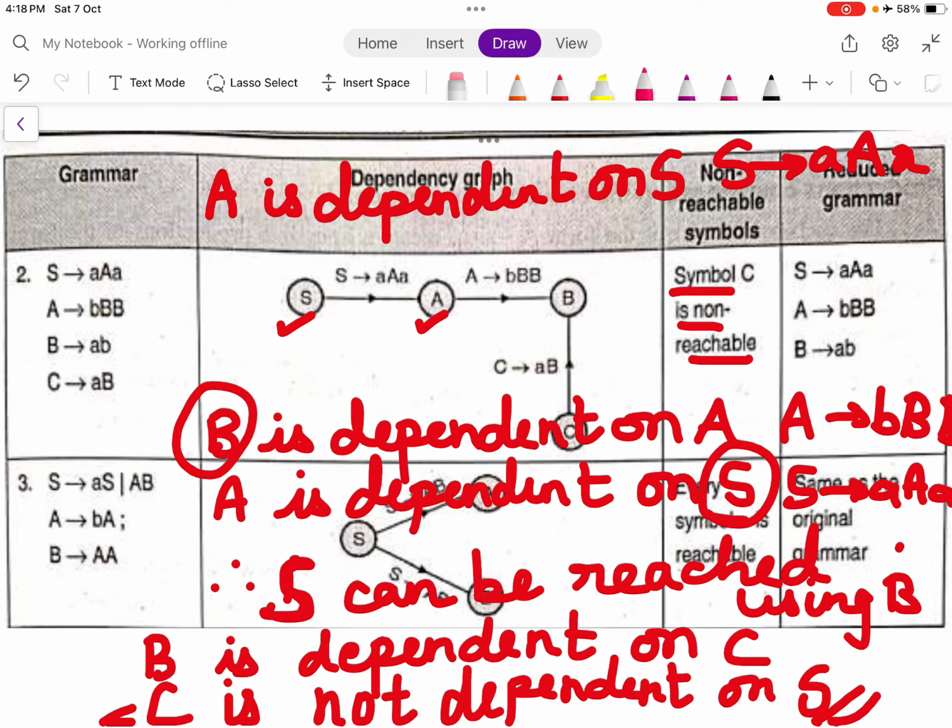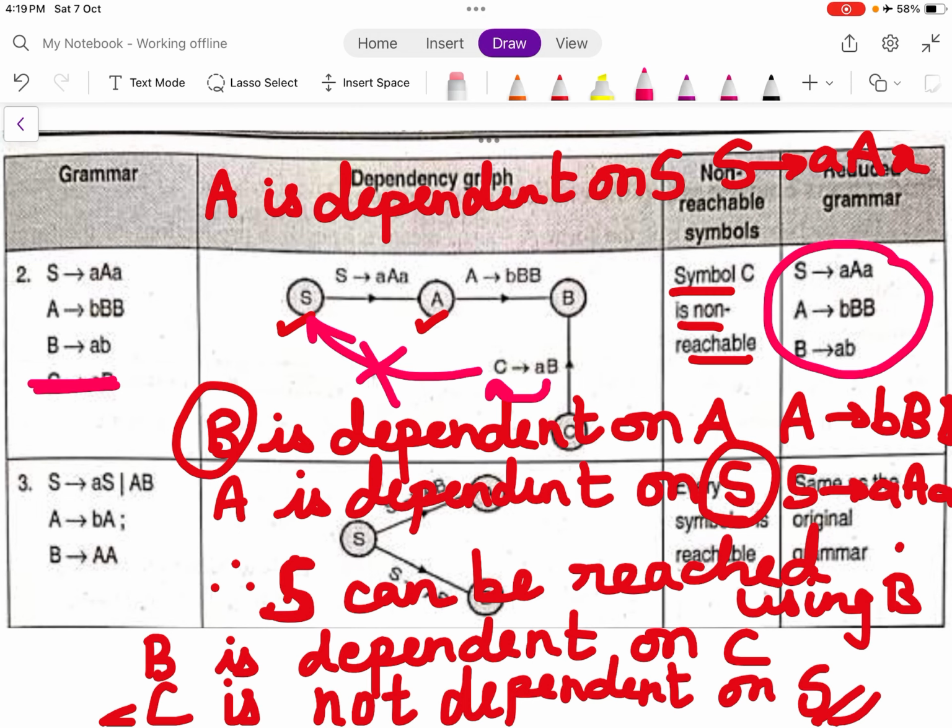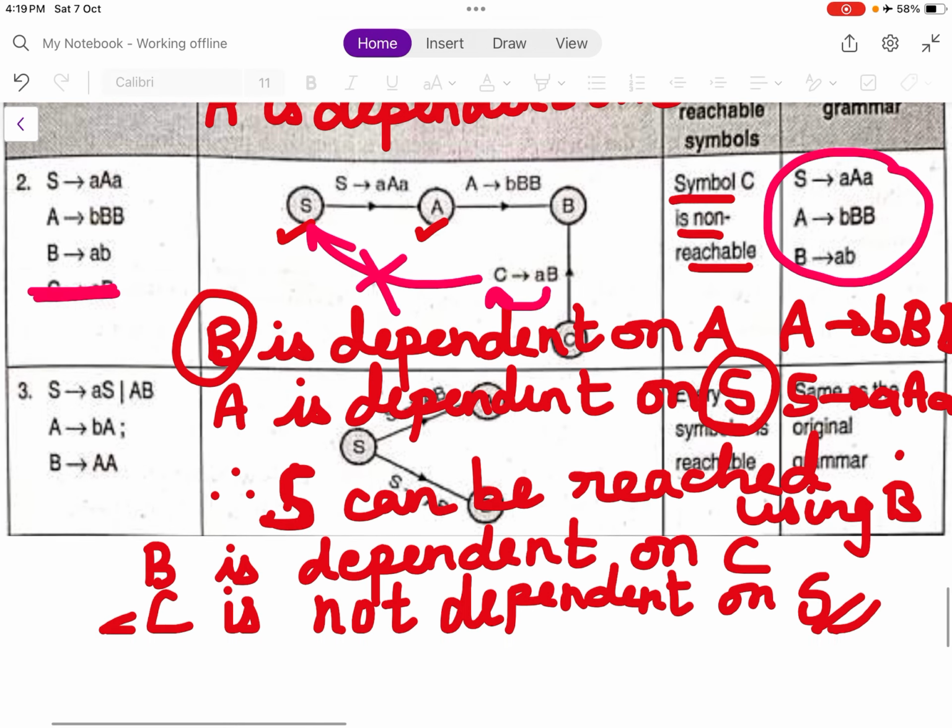So remove the productions having C. So this will be removed. This will be your simplified grammar.